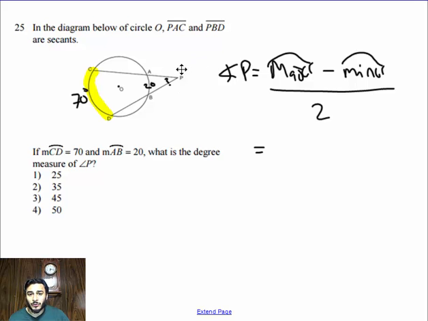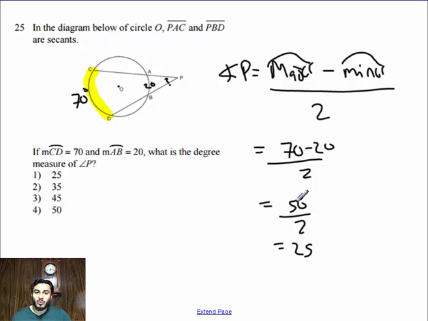When you're looking for an angle outside of the circle, you got to use this formula, right? So we'll plug in. We get 70 minus 20 over 2. 70 minus 20 is 50. 50 divided by 2 is 25. So the answer is choice 1.